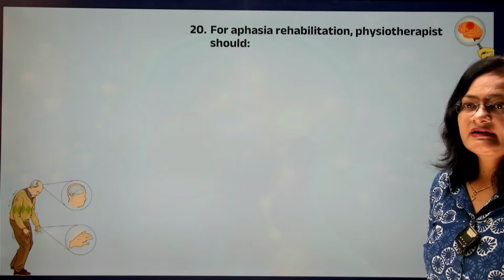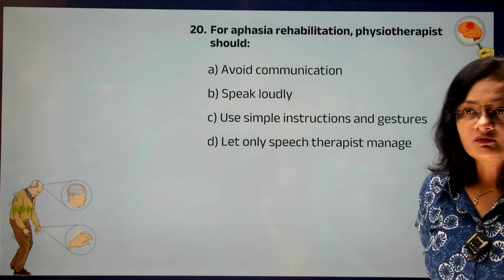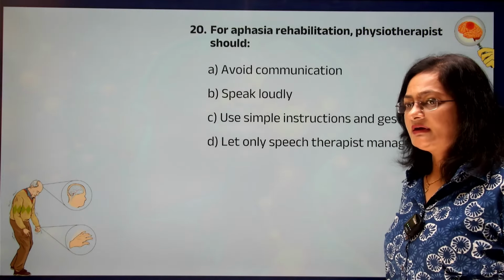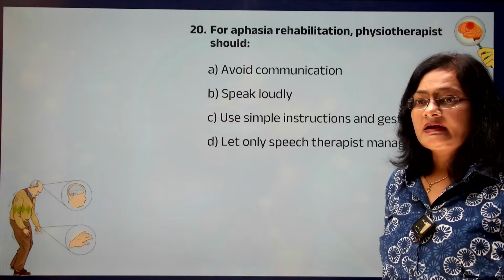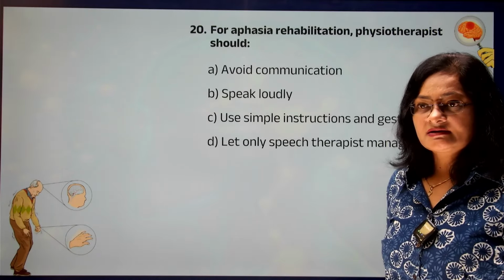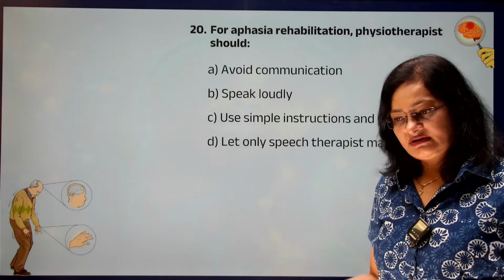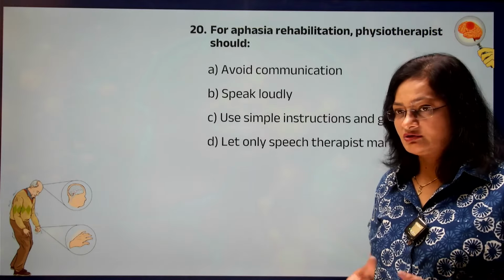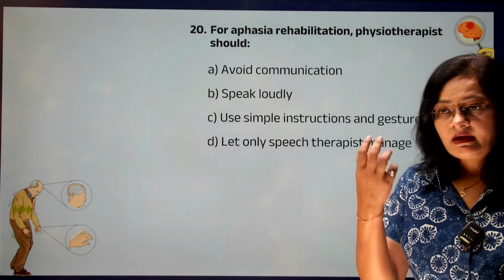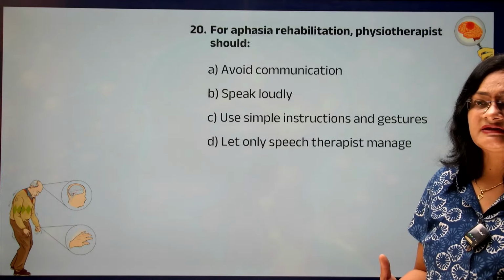For aphasia rehabilitation, the physiotherapist should: A, avoid communication; B, speak loudly; C, use simple instruction and gesture; D, let only the speech therapist manage. So avoid communication is not an option. If you speak loudly but the patient is not perceiving it, it is of no use. When you use simple instruction combined with facial gesture, it may be useful to a certain extent.